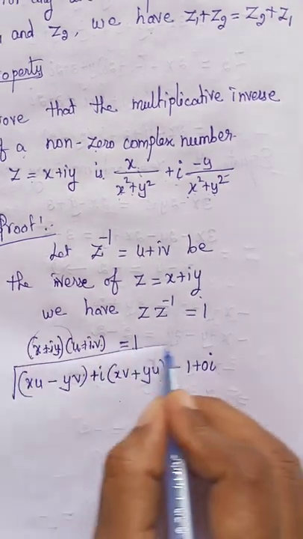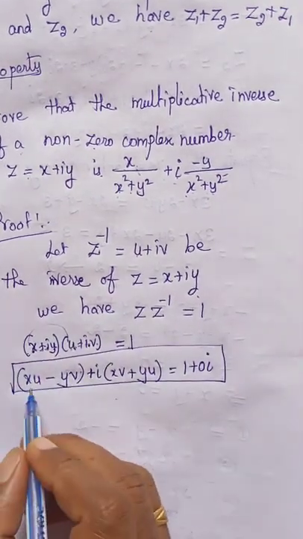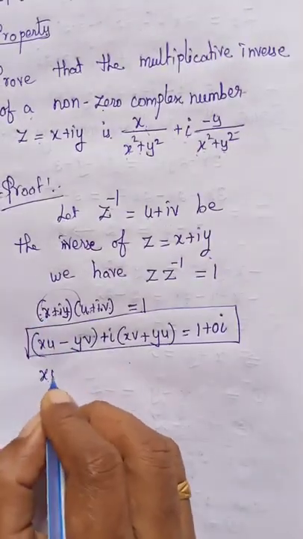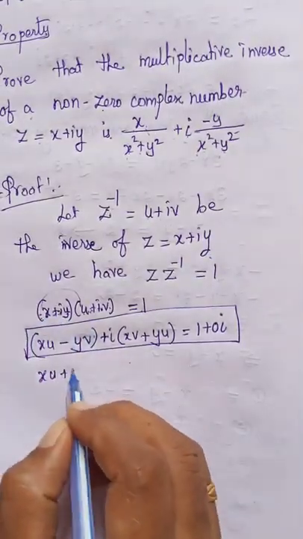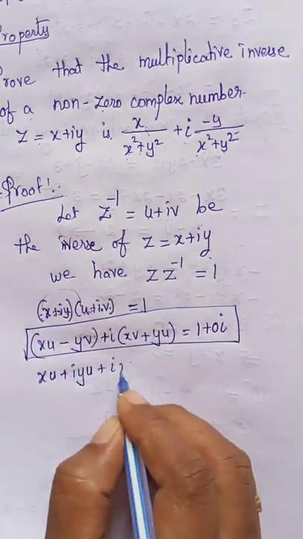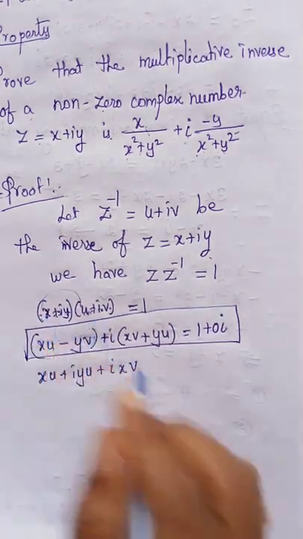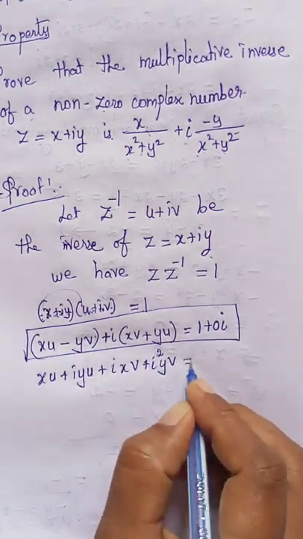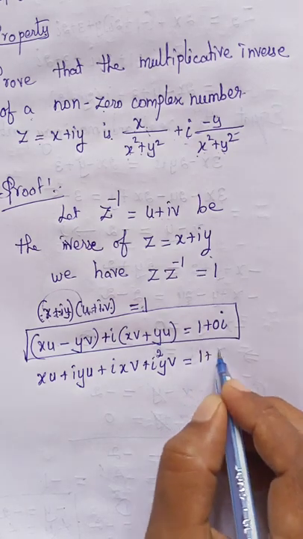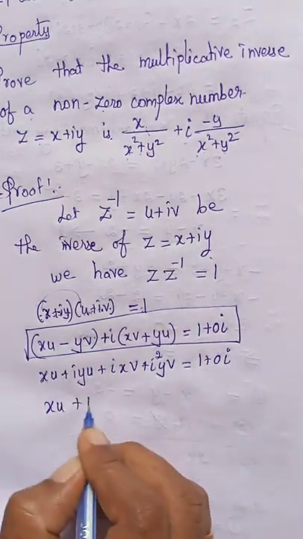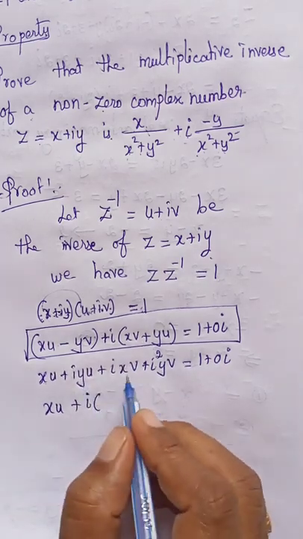Suppose if you are finding it much difficult to write this, multiply ordinarily. No issue. See, x into u plus i y into u. Multiply with this. Plus i into xv plus into plus, plus i into i square y into v is equal to 1 plus 0i. Now xu plus, I am taking this i outside.